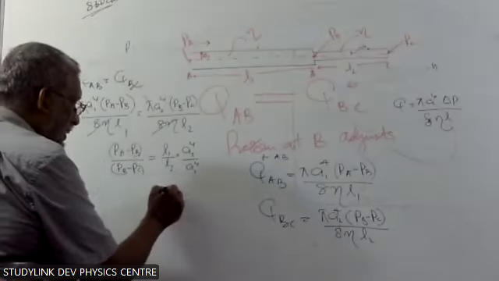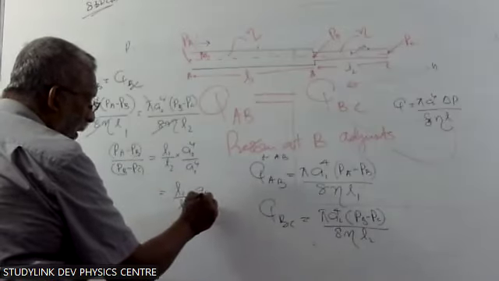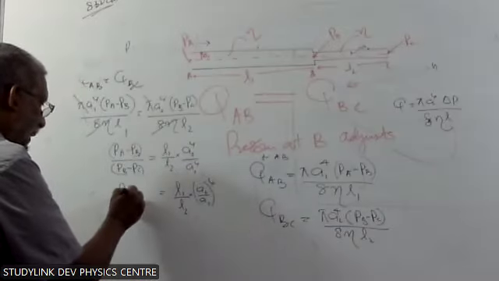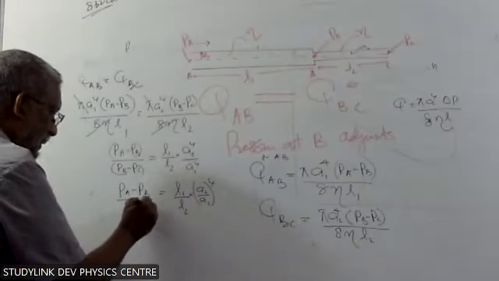Or in other words, L1 over L2 into (A2 over A1) to the power 4 is equal to (PA minus PB) divided by (PB minus PC).